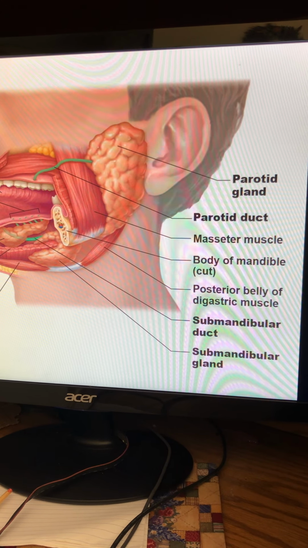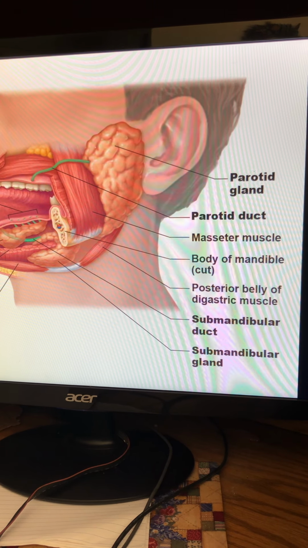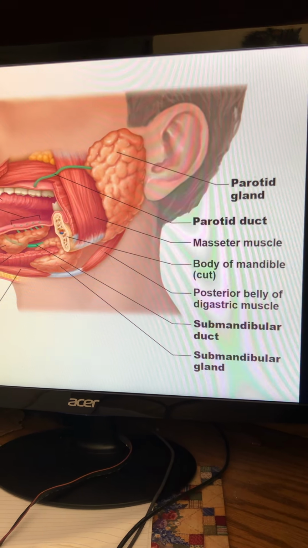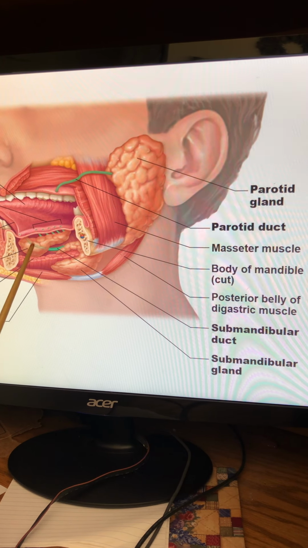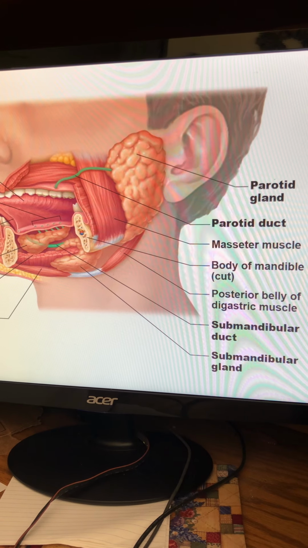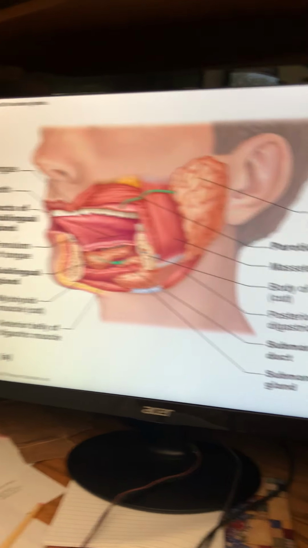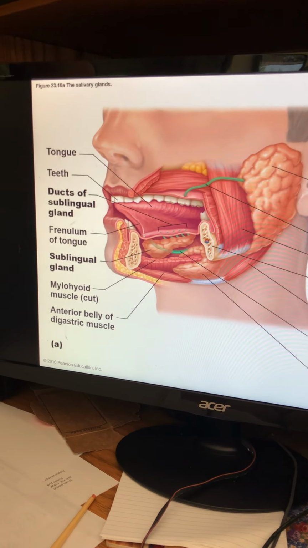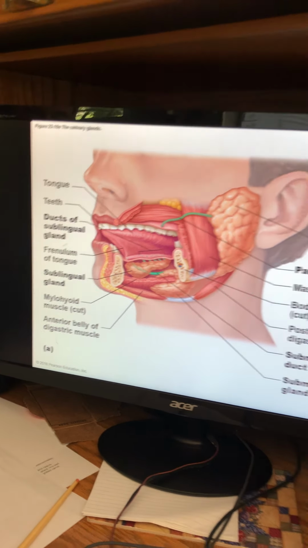So for any of you who ever had to wear braces and you had braces on a whole bunch of teeth, just having that hardware in your mouth can cause you to have a squirt coming out of either the sublingual or the submandibular gland. So their job is to create saliva so that you can moisten the food to allow you to swallow it.